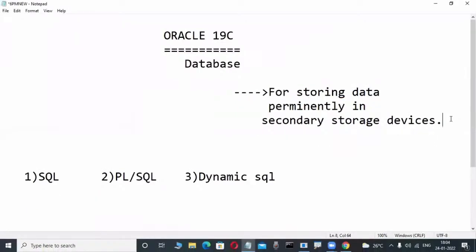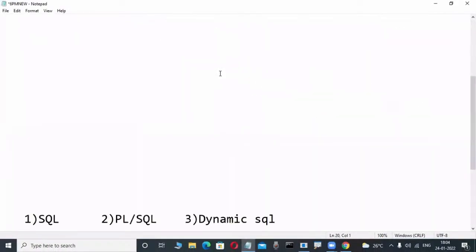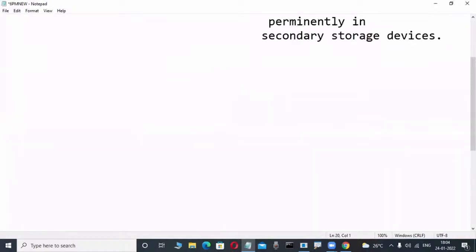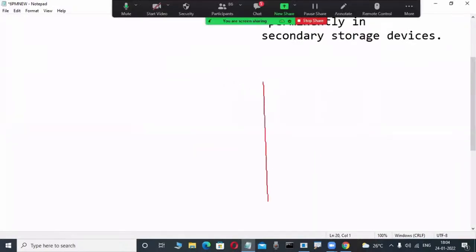But unfortunately, what I told in the previous classes, observe slowly here: a database is a place. Whenever we install Oracle, SQL Server, DB2, these types of databases in our system, automatically one place is created.